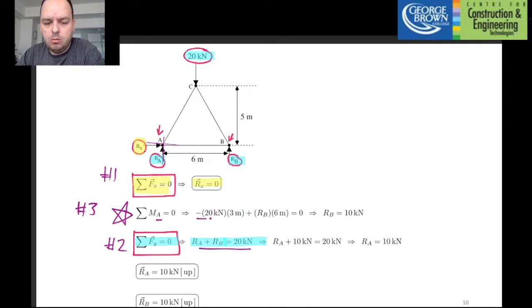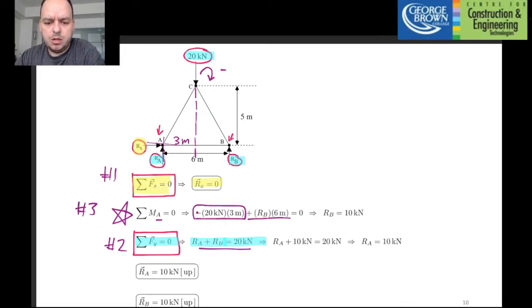The moment generated by the 20 kilonewton force and the moment generated by the RB force, which is at 6 meters away. See, this 20 kilonewton force, it has a line of action right here, and that line of action by symmetry is 3 meters away from A. Also, this one is going to produce a clockwise moment, so negative.